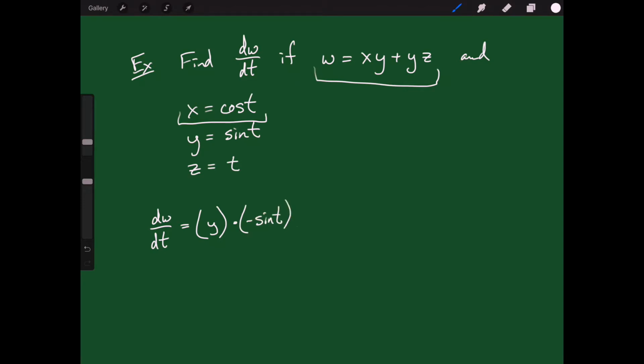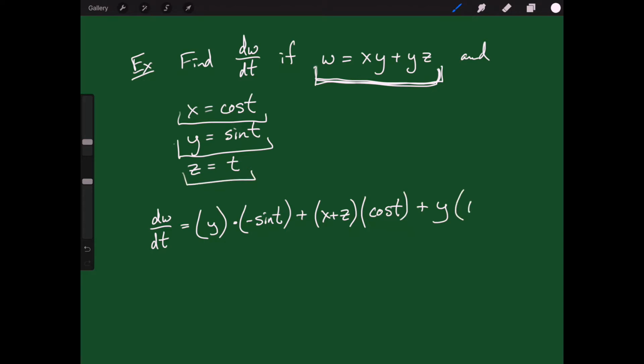Plus, now I want to take the derivative of the original function with respect to y, which is x plus z, and then multiply that by the derivative of y with respect to t, which is cosine of t. And finally, I want to take the derivative of this original function with respect to z, which is y, and multiply that by the derivative of z with respect to t, which is 1.